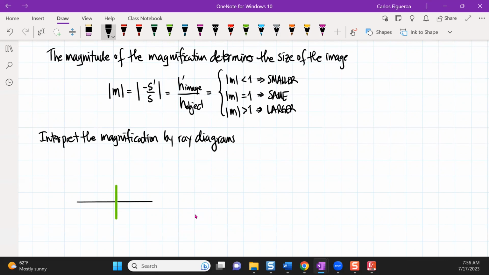So the key point here is you have to look at the sizes of the image distance versus the object distance.